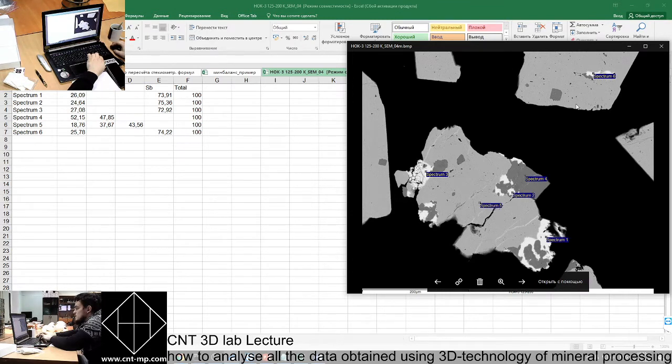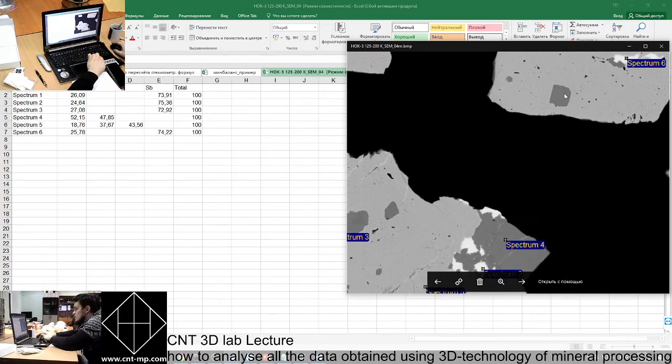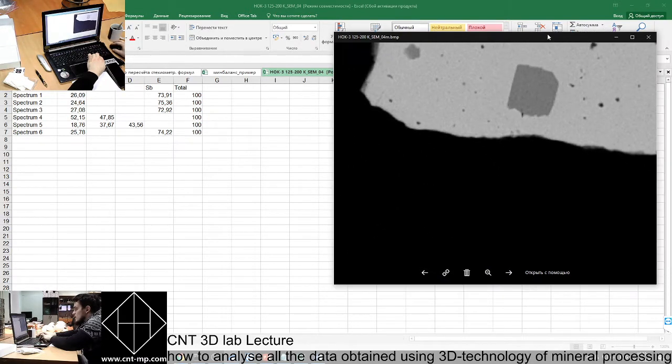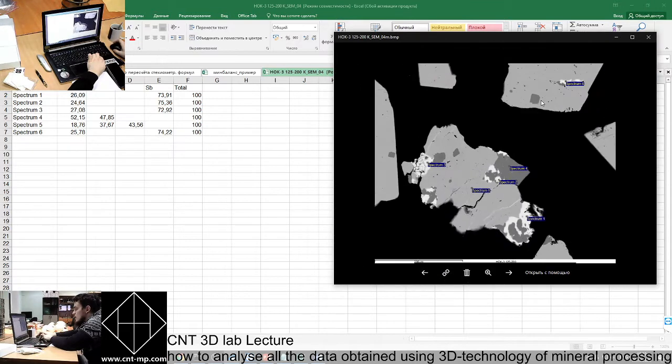I think this is the whole arsenopyrite too, and this dark grayish is cubic pyrite too. You see, the morphology is very similar to cubic pyrite.